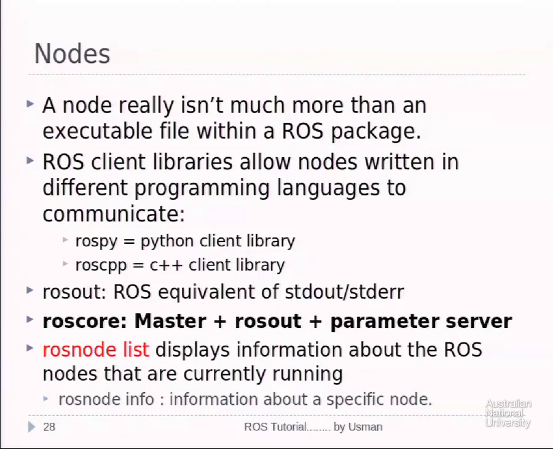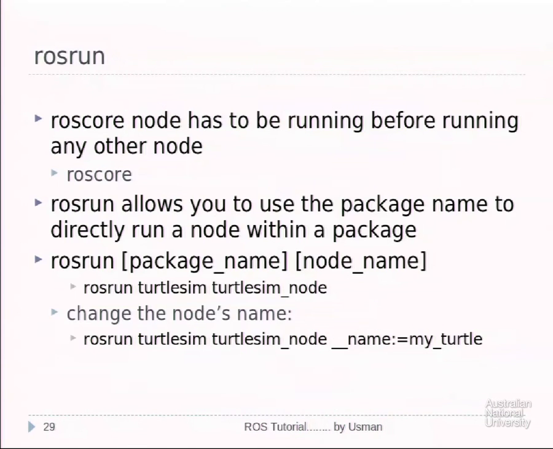And rosrun is used once I make a package, to run that node as well. I write the program and compile it with rosmake. Once I compile it, it is kind of executable. In Windows, I can double click and run it, but here you have to use the command rosrun, write the name of the node, and it will execute that thing.